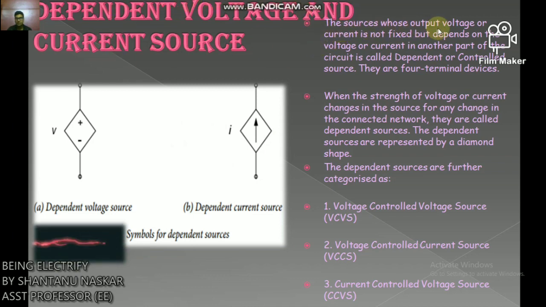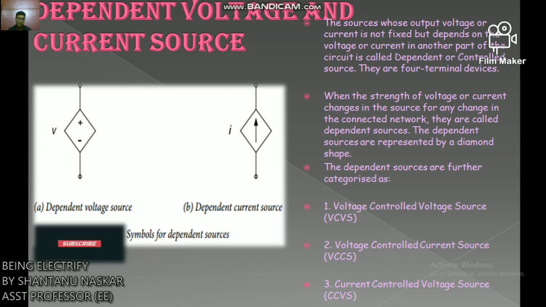The sources whose output voltage or current is not fixed but depends on the voltage or current in another part of the circuit are called dependent or controlled sources.